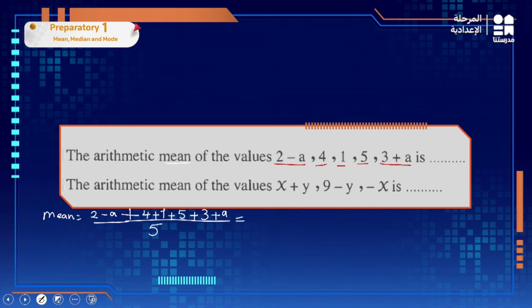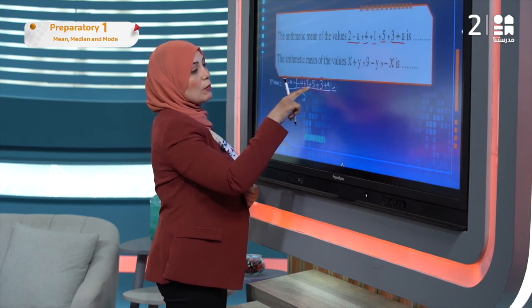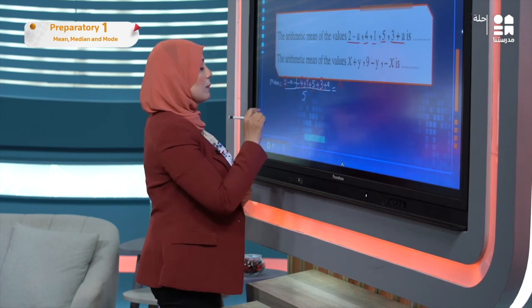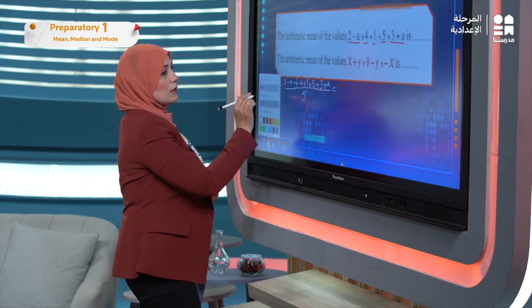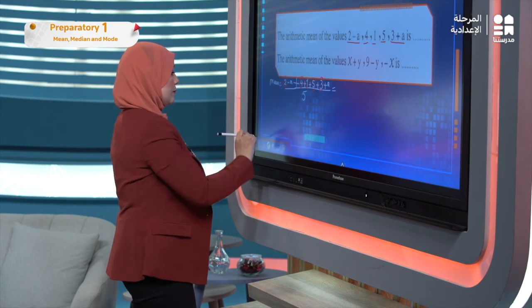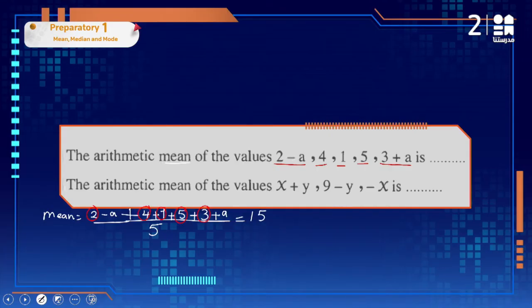Let's add them. We are going to work on the numbers first: 2 plus 4 plus 1 plus 5 plus 3. 2 plus 4 is 6, plus 1 is 7, plus 3 is 10, plus 5 is 15. And what about a?